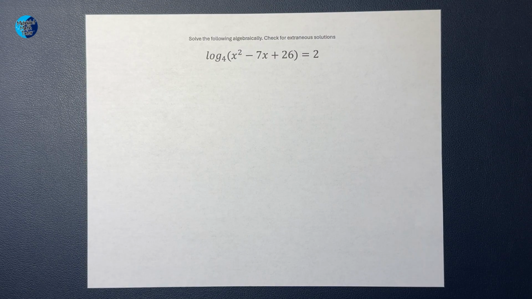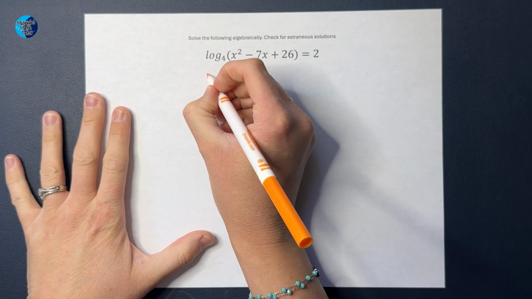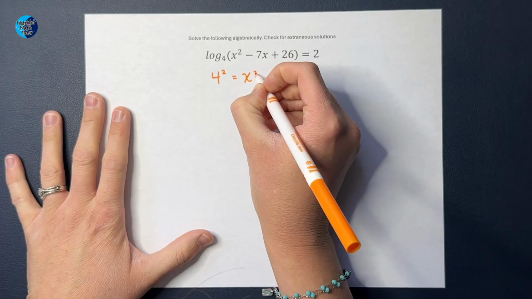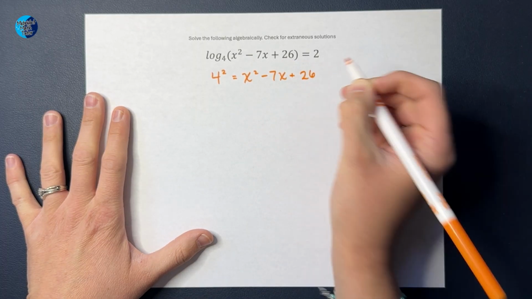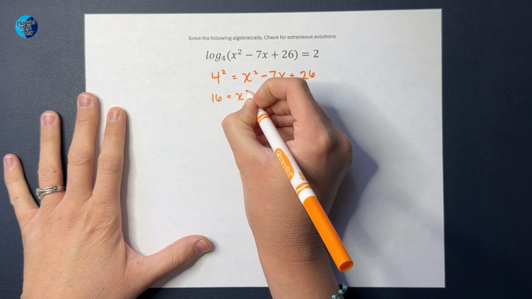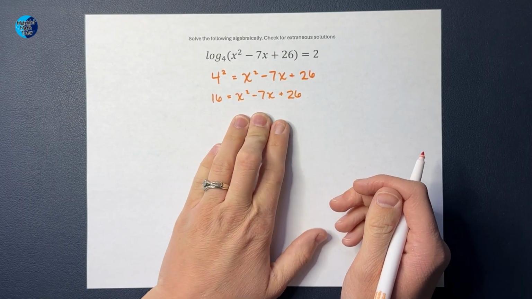All right, this one I can just go ahead and convert to exponential form. So I will have 4 squared equals x squared minus 7x plus 26. 4 squared is 16, so I'm just going to rewrite this. Now this is looking quadratic-y, right? That's a word.